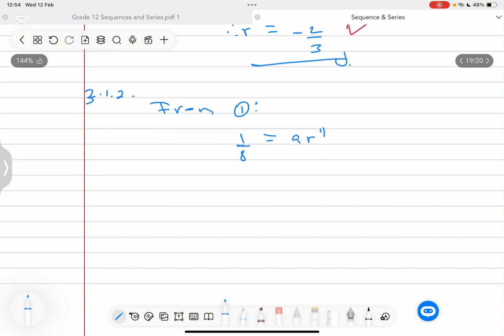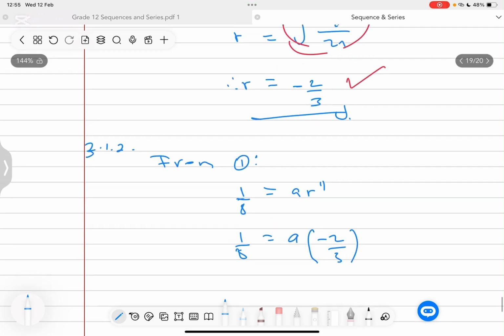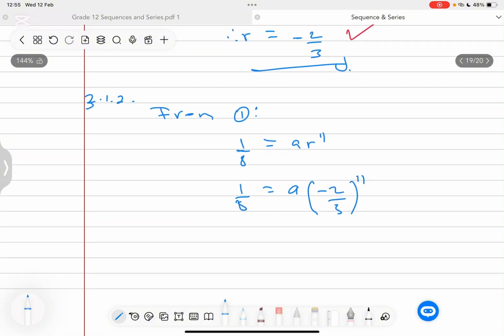And to then solve this, we know the r now. We're going to substitute the r to say now here we have a, and our r is negative 2 over 3. Remember, we just calculated r at the bottom, and this is to the power 11.